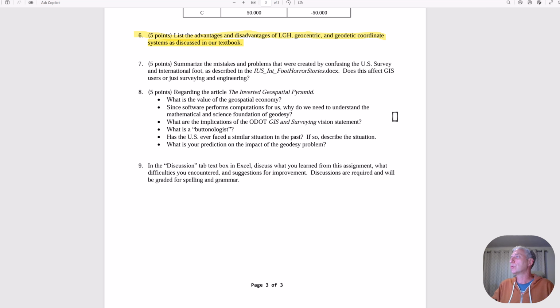I like the things that I pull out and use for developing these assignments or evolving them. I ask for difficulties you encountered, suggestions for improvement, but that's not all you need to put in there. You can certainly put other comments as well.